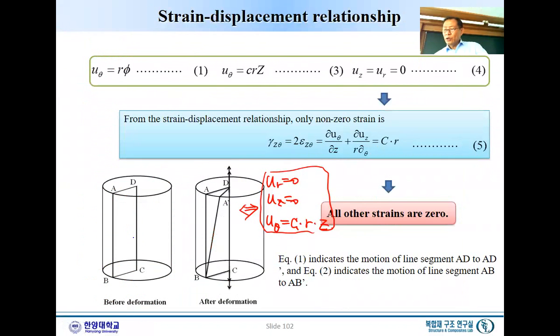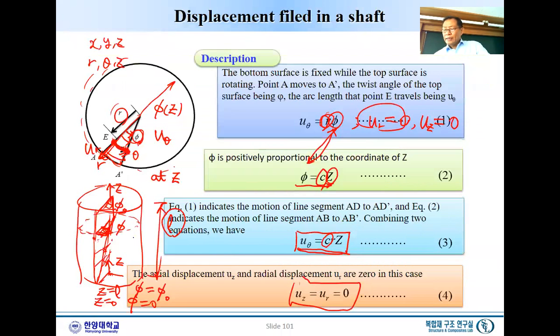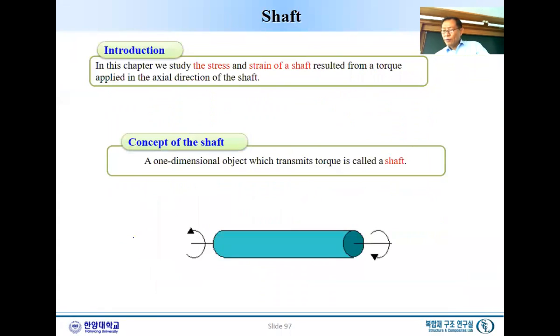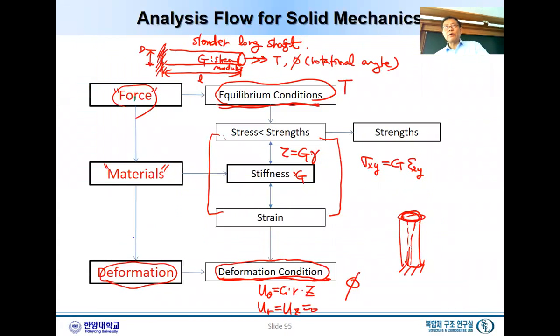In a sense, it looks relatively simple, but this is the most important observation, the deformation observation in torsional theory. This kind of deformation observation is a very important step for structural analysis. Later, we will cover another structure called a beam, under a vertical load, and this will deform.